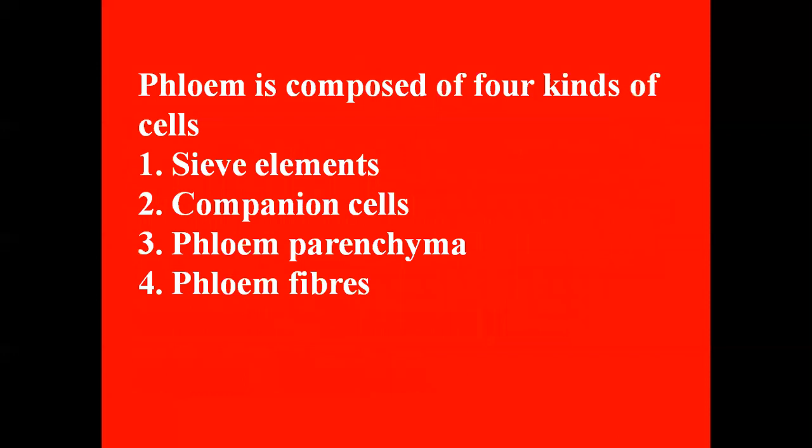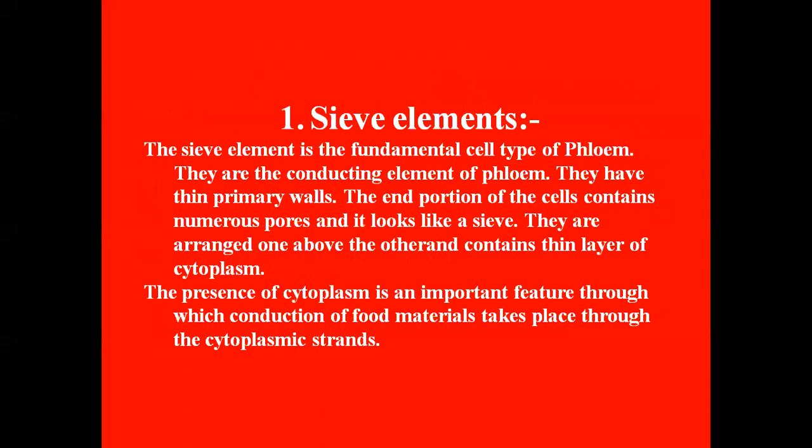Phloem is composed of four kinds of cells, that is, sieve elements, companion cells, phloem parenchyma, and phloem fibers. Sieve elements. The sieve element is the fundamental cell type of phloem. They are the conducting element of phloem. They have thin primary walls.